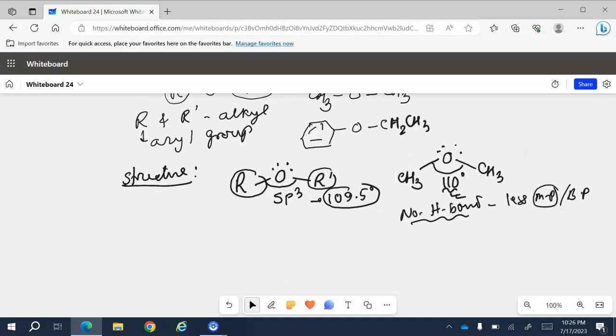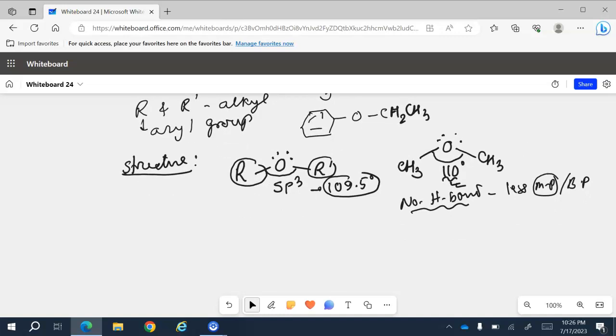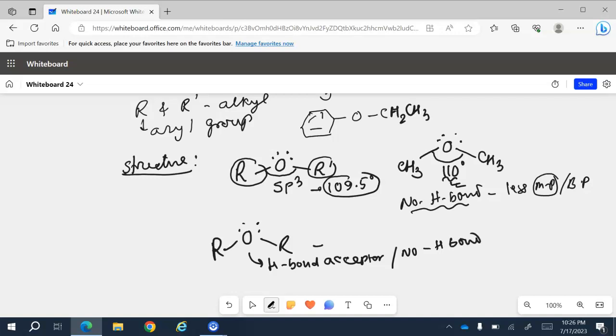And talking about the hydrogen bond, because of the lone pairs of electrons, this oxygen can be a hydrogen bond acceptor. But since it does not have any hydrogen, it has no hydrogen bond donating ability, no hydrogen bond donor, so it cannot show hydrogen bonding.